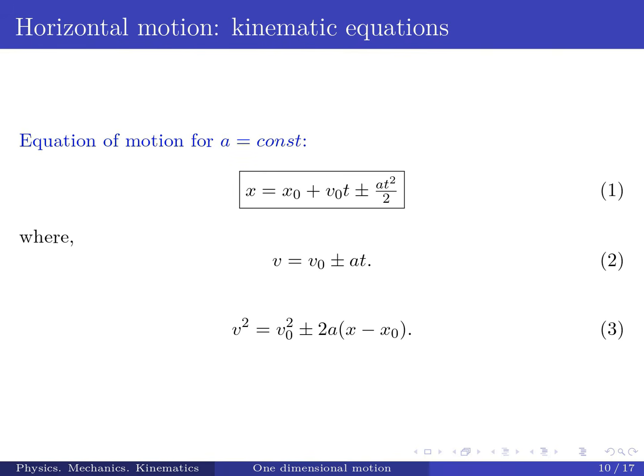The plus-minus signs in front of the acceleration term depend on whether the object is accelerating or decelerating. This equation is fundamental for describing the motion of an object. To find the velocity as a function of time, equation 2 is used. If time is unknown, the velocity as a function of position is found by equation 3.